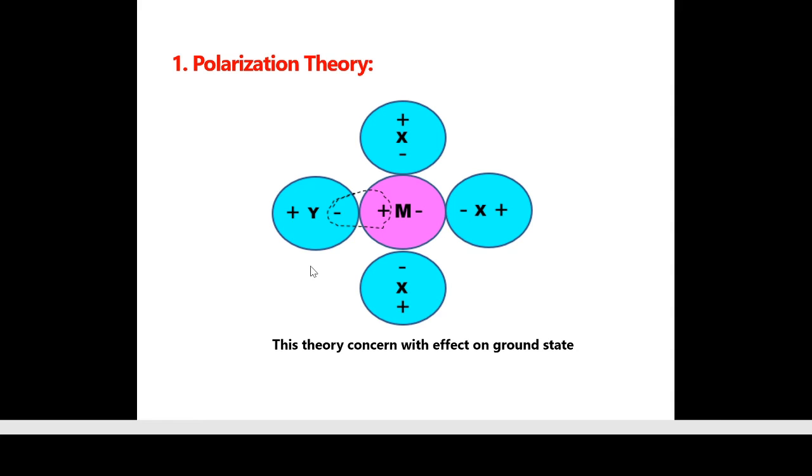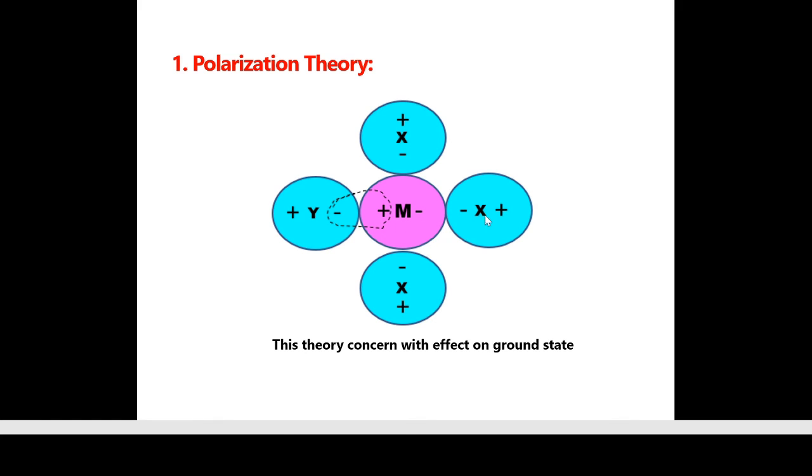The dipole is induced on the central metal atom, which reserves the electron density and is distorted via sigma bonding towards the trans position, means towards the MX.